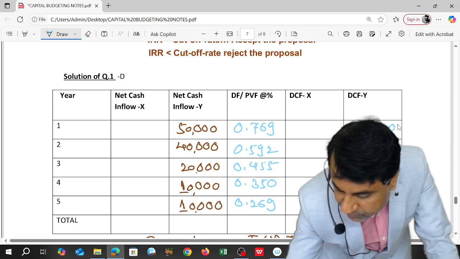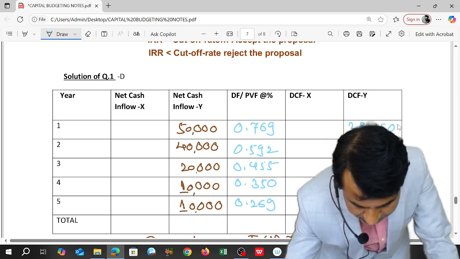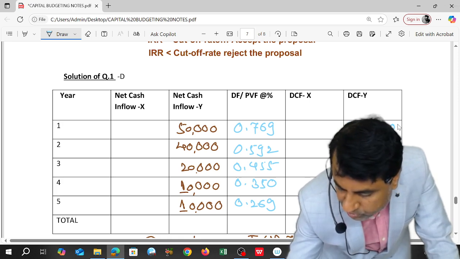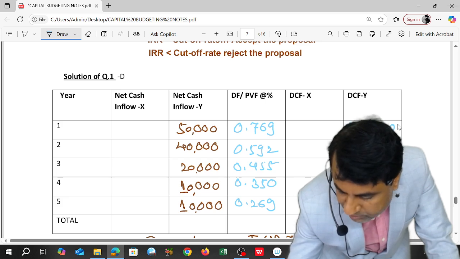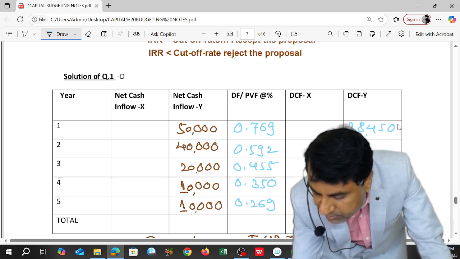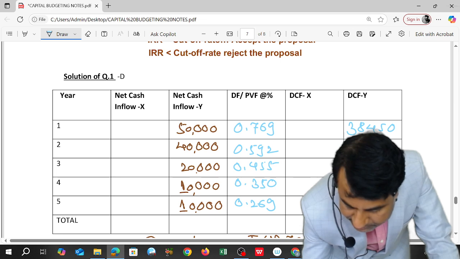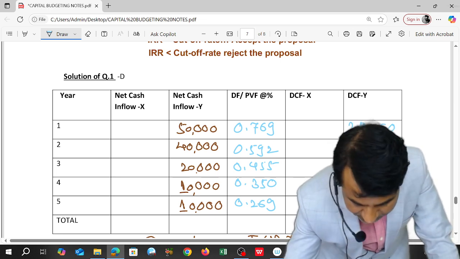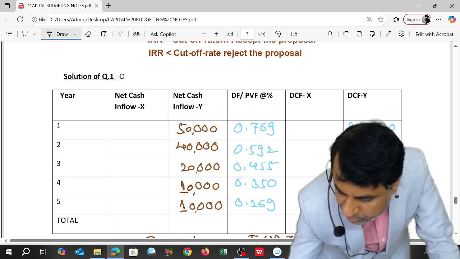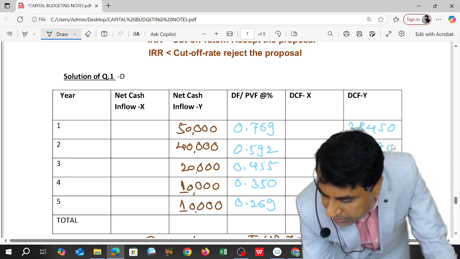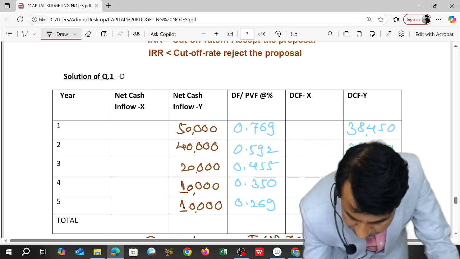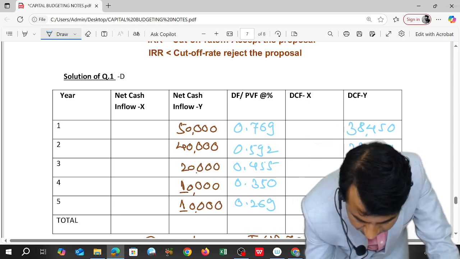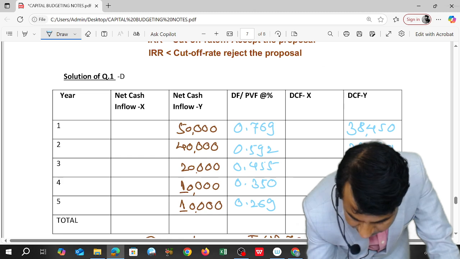Second is 40,000 into 0.592, 23,680. Third it is 20,000 into 0.455, 9,100. And here it will come 3,500 and 2,690, because this is from 10,000.